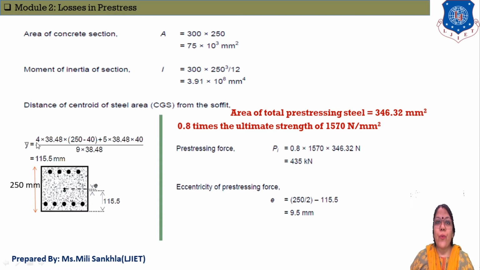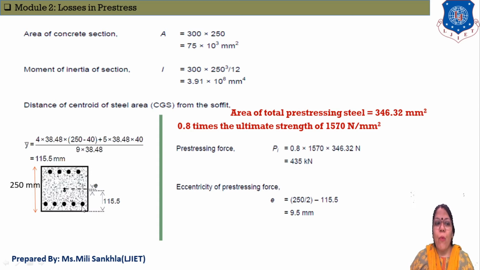Now first of all, in the top zone 4 bars are given, so 4 into single wire 38.48 into our y bar. Then the total depth is 250, minus the eccentricity, from this distance, which is given as 40, so 250 minus 40. This is already given in the figure.